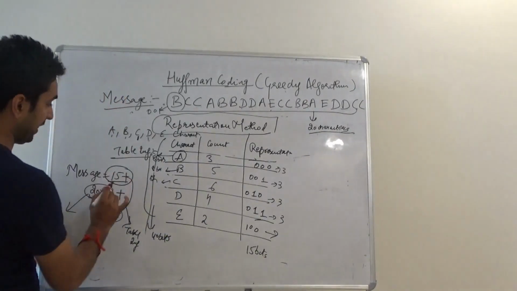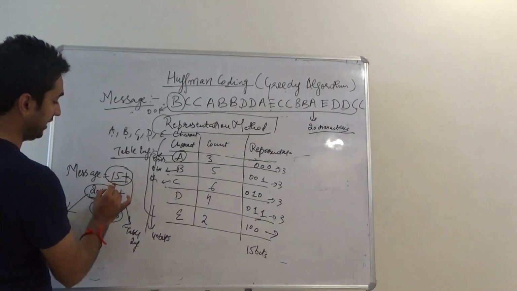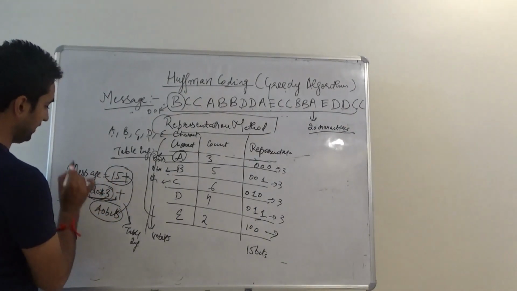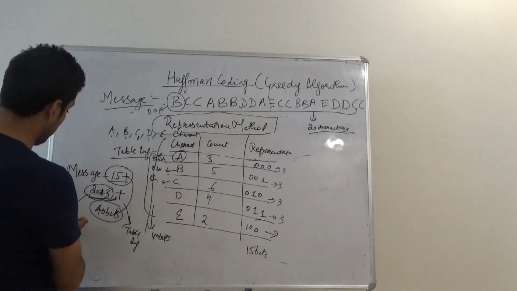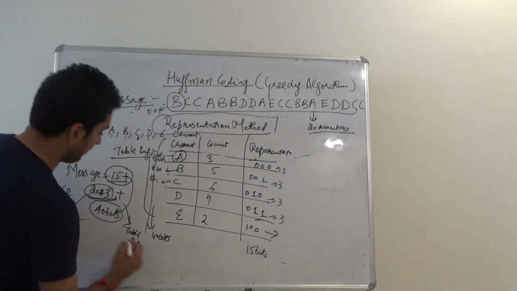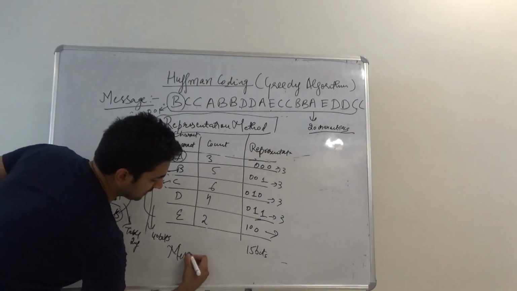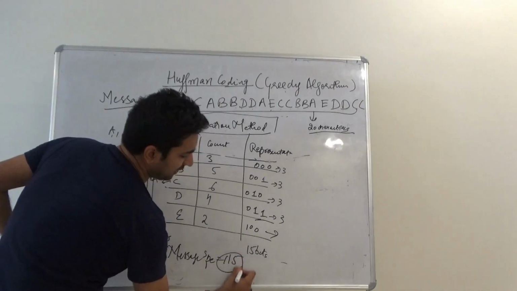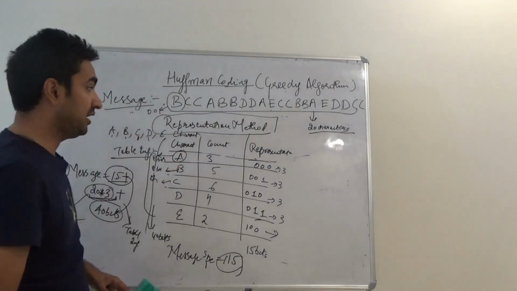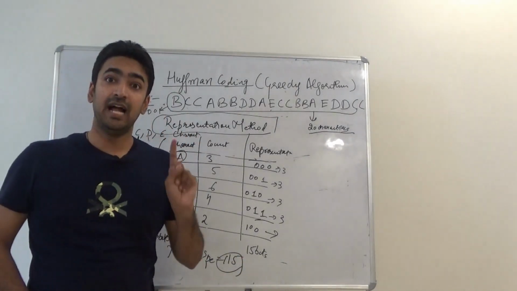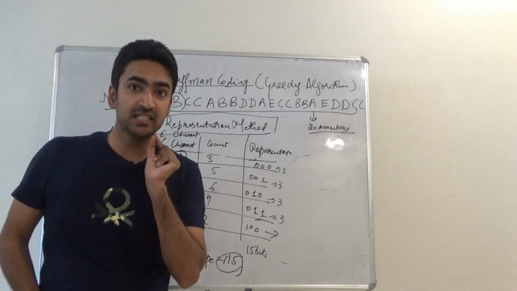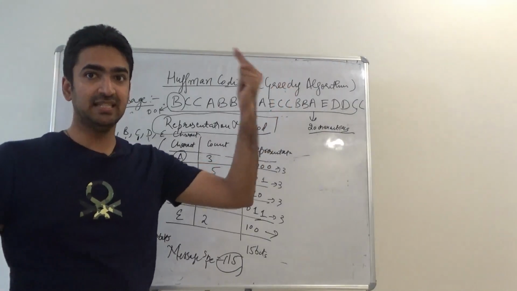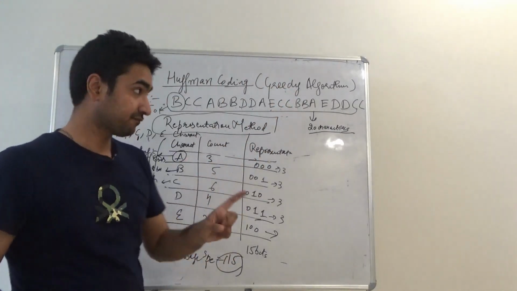So 20 multiplied by 3 is 60, plus 15 is 75, plus 40 is 115. So the entire message size is 115. This is another way of calculating it, and definitely the message is compressed, the message is reduced. From 160 we went to 115.